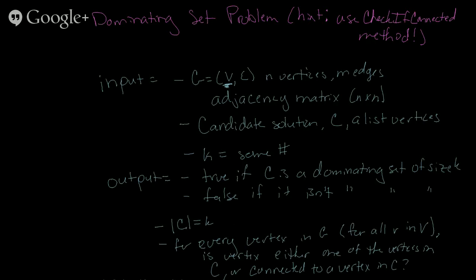If both of these things are true, if the size of C equals K, and if every vertex in G is either one of the vertices in C or is connected to a vertex in C, then you have a dominating set, I would argue. So your job, I'll give you all of this information, and your job is simply to take this information and put it into pseudocode. So I'll leave that to you.